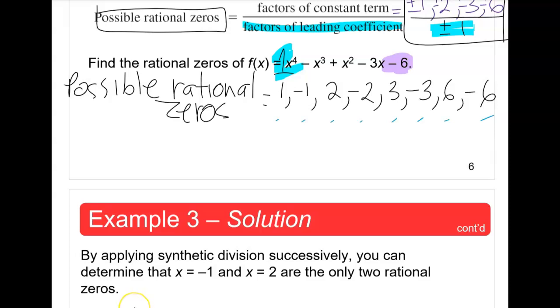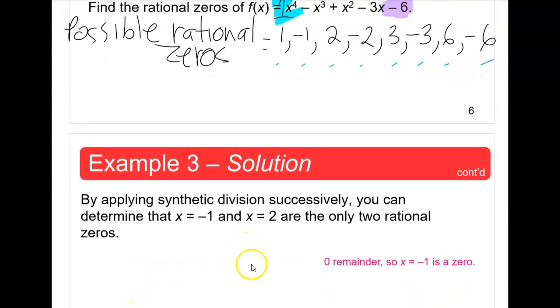I call that making an educated guess. But here, the PowerPoint is already giving us a hint. They want us to determine if x equals -1 and x equals 2 are the only 2 rational zeros from this list. So we are going to test a -1 and a positive 2.